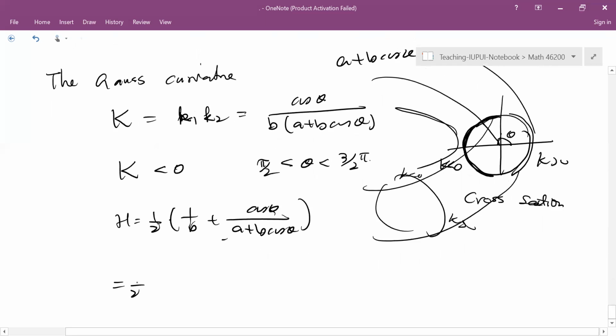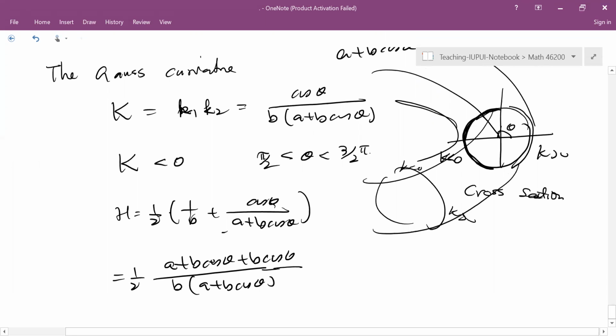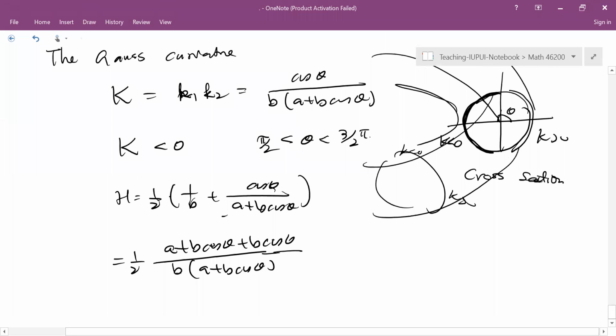When b is sufficiently small, the mean curvature is always positive. But if b is a little bit larger, but still smaller than a, then the mean curvature could be negative.